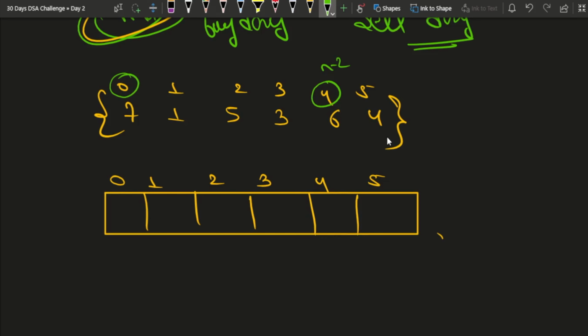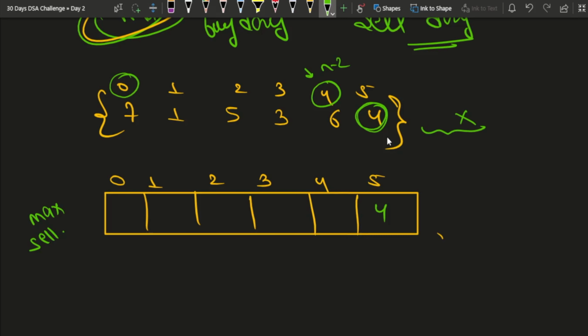Because after day number 5 we have nothing. So how can we calculate the maximum profit in the future? We cannot. So we'll simply push 4 here, because 4 was the last element present in our array, and we will calculate the maximum selling price from n minus 2.